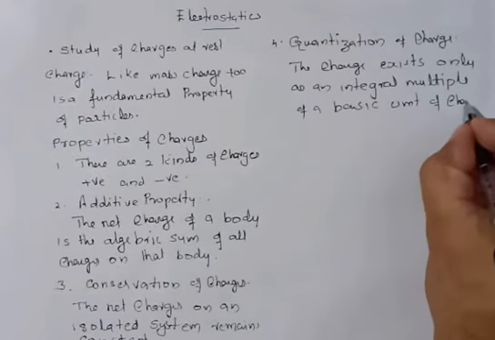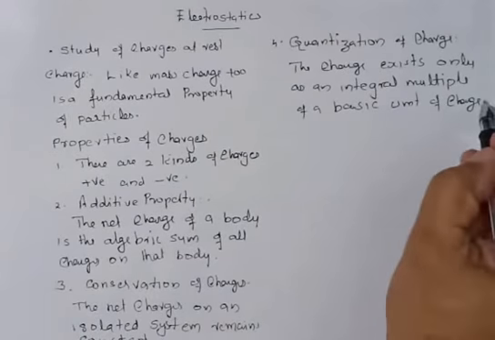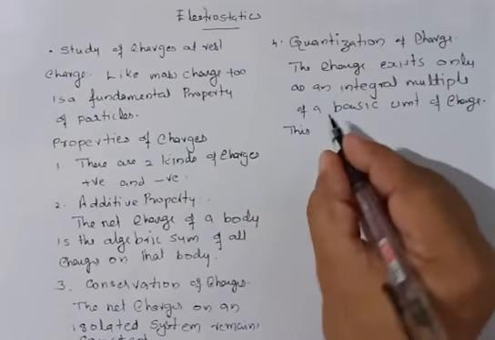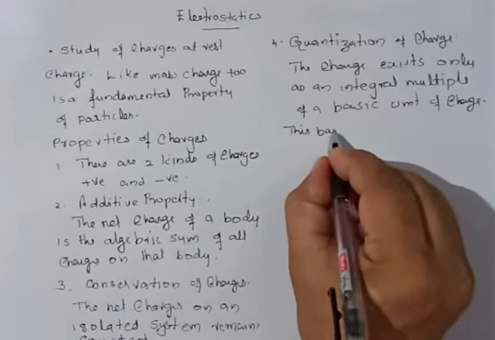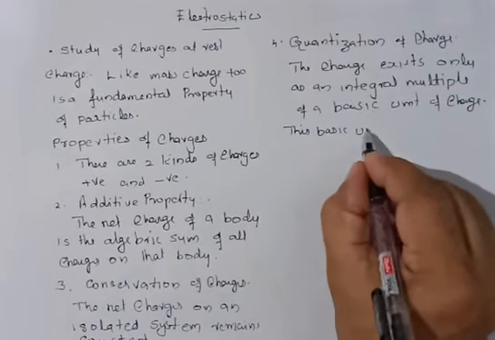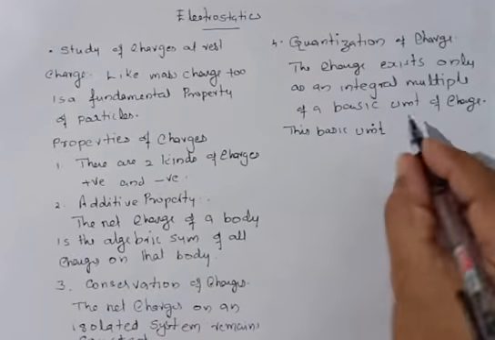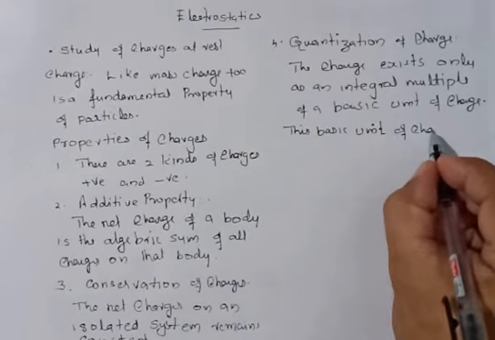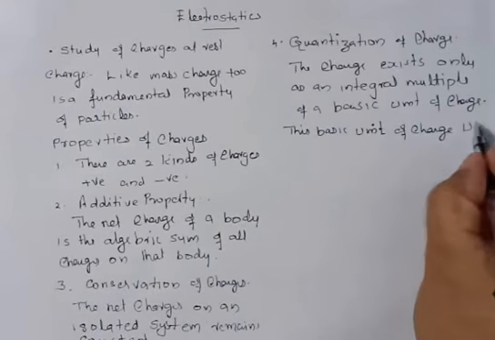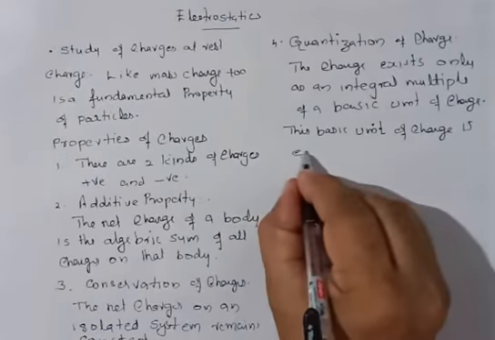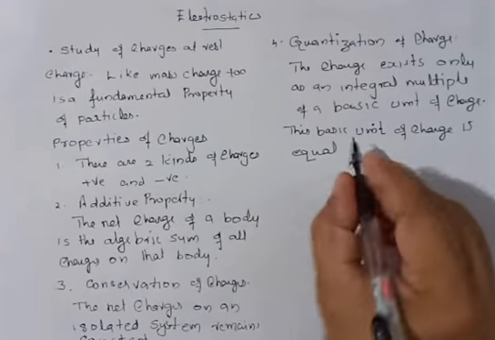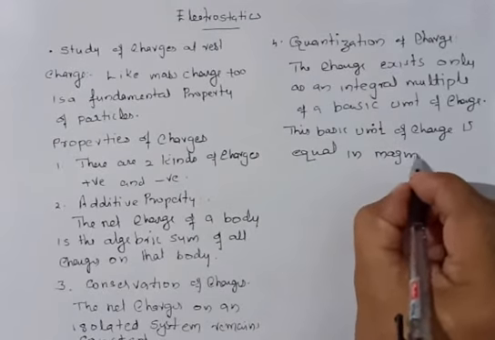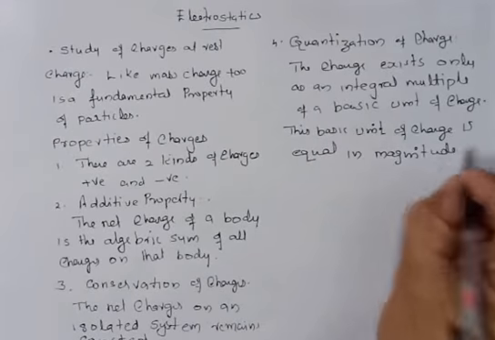The e value is equal to 1.6 times 10 to the power minus 19 coulomb. That means you will never get a charge of 1 times 10 to the power minus 19 coulomb for any object in this universe. Either you can get 1.6 times 10 to the power minus 19, or you can get 3.2 times 10 to the power minus 19, or you can get 4.8 times 10 to the power minus 19 coulomb, and so forth.